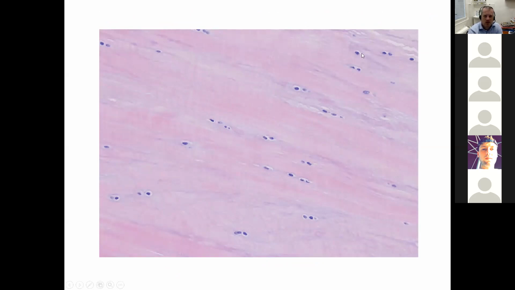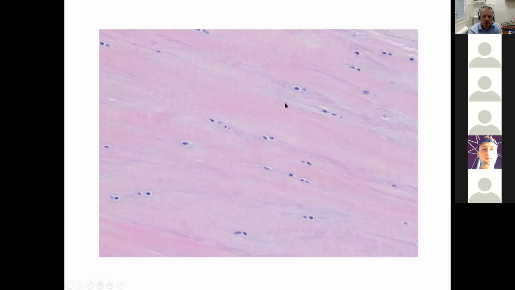The chondrocytes are really scarce here, mostly occurring as single cells, and only sometimes they form small isogenous groups made of 2 or 3 cells, but not the large isogenous groups like in hyaline cartilage. So this is fibrous cartilage: type 1 collagen, few chondrocytes.